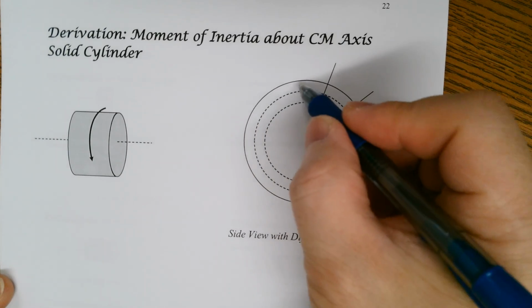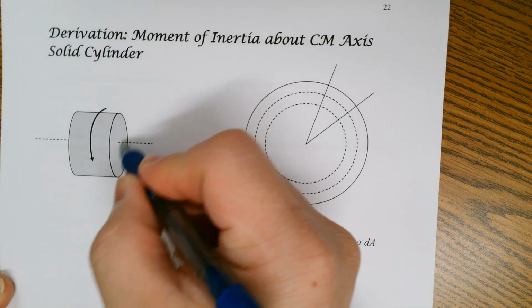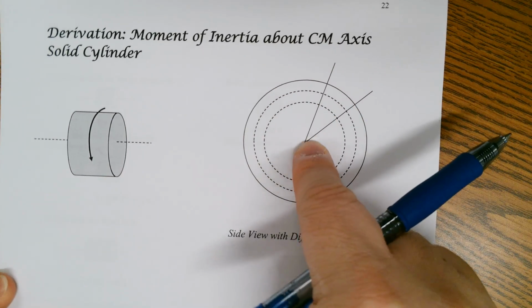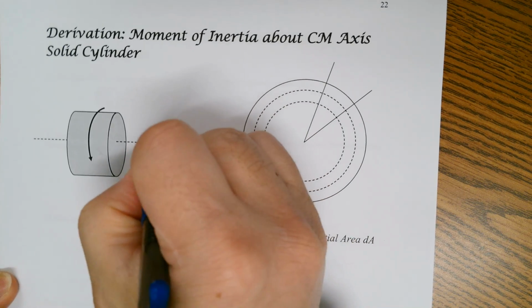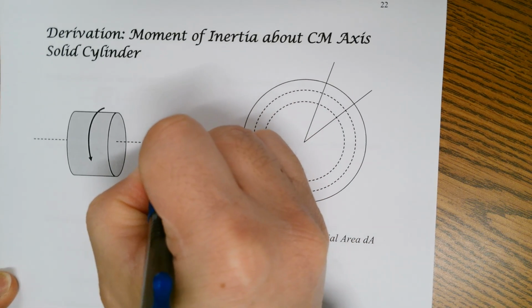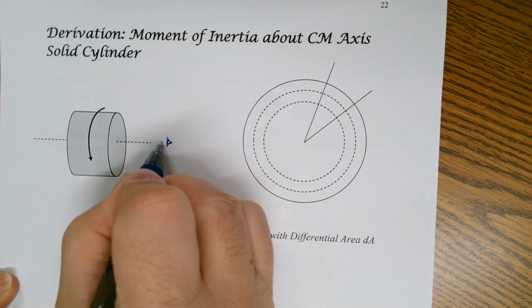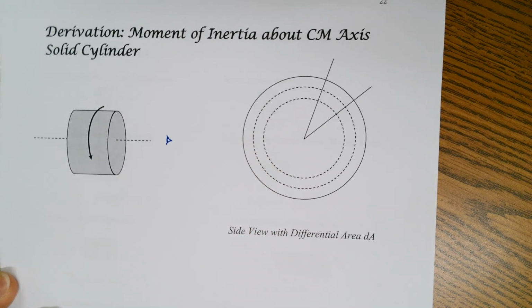We have to look at the surface. This face right here is this. So we're looking at it from here. Here's my eyeball looking at it.